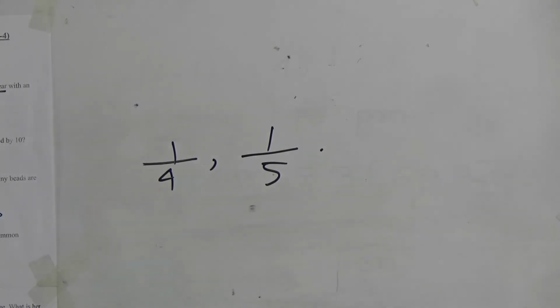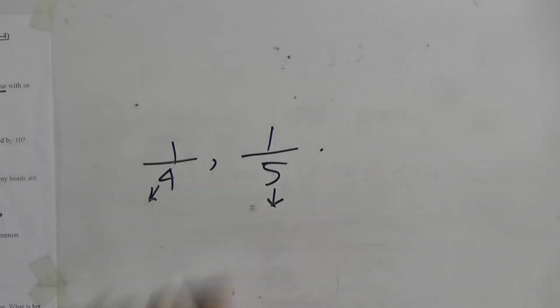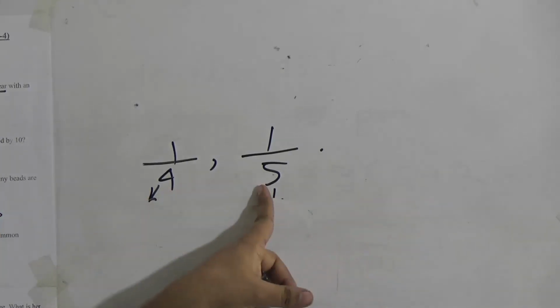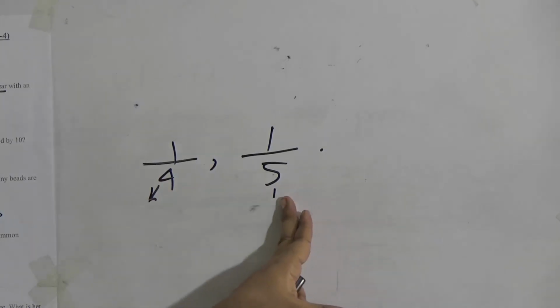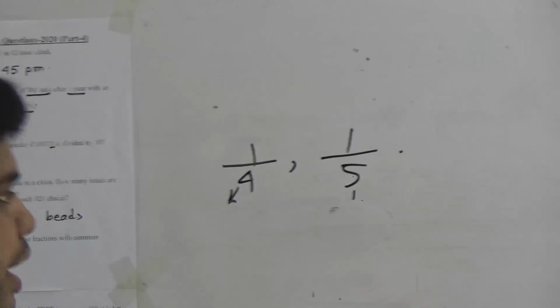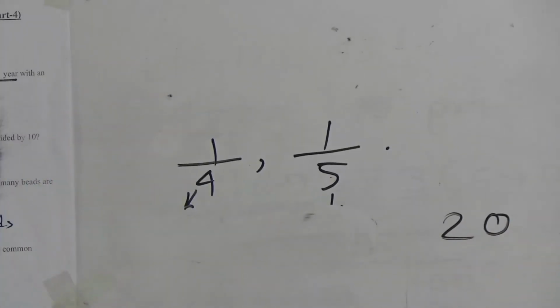The denominators of the fractions are 4 and 5. Now at first we find the LCM of these two denominators. Here notice 4 and 5. There is no common divisor between 4 and 5. For this reason we multiply these two numbers and we get the LCM. So LCM is 20. I hope you have understood.